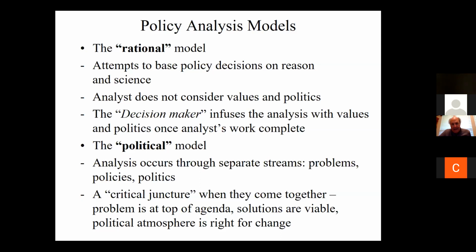And again, remember we have examples of analysis institutions or so-called think tanks that work on this model. For example, on the conservative side, the Heritage Foundation, the Cato Institute, the Oklahoma Council for Public Affairs. These are conservative policy think tanks.